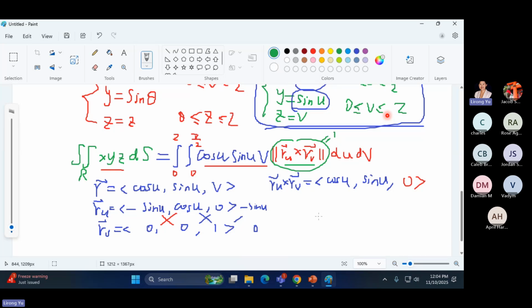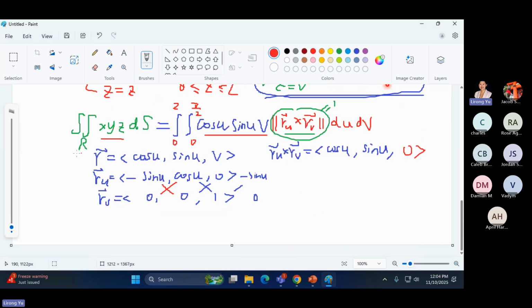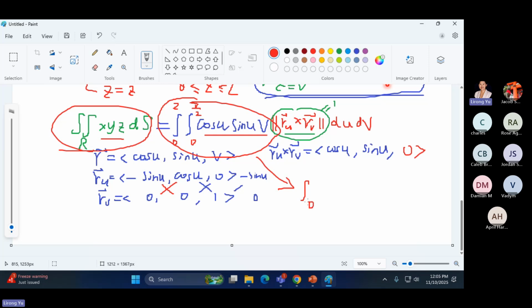And then finally, we will finish the surface integral calculation from here. Right, the integration will be integrating 0 to 2 of v squared dv. Right, we have v dv as a separate variable, and then there's the integration from 0 to pi over 2 of sine u cosine u du, right?